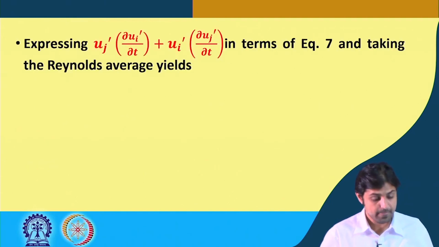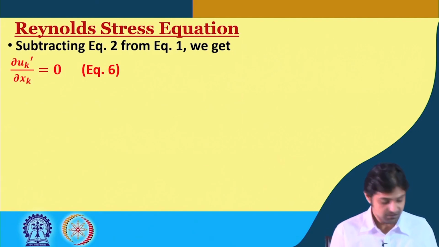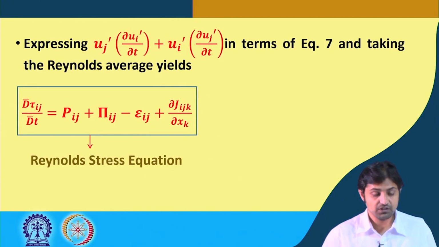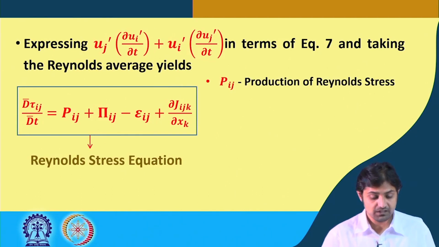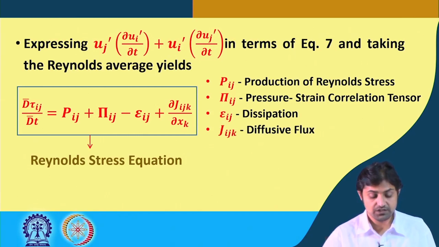So with that, this is how we obtain the equations with fluctuation terms in terms of differential equations. All right. If expressing uj bar del ui bar, uj prime del ui prime del t plus ui in terms of equation 7. Okay. So if we express that in terms of equation 7 here, this is called the Reynolds stress equation, where this Pij is called the production of Reynolds stress, this pi ij is the pressure strain correlation tensor, and epsilon ij is the dissipation, where Jijk is the diffusive flux.